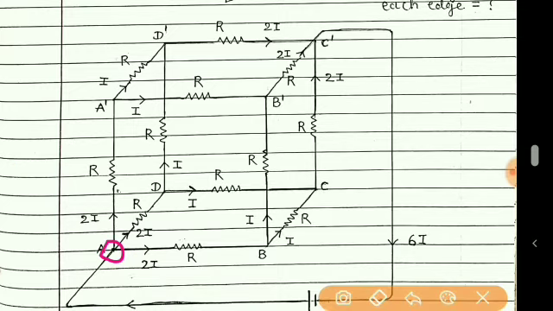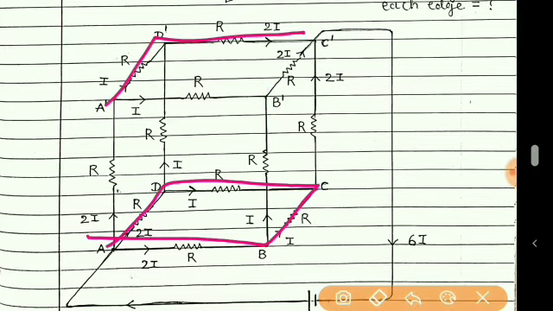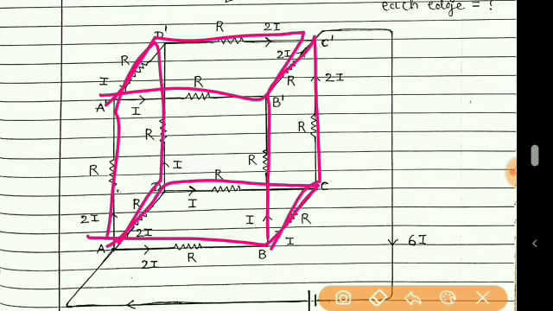See, A is a junction, B, C, D, all these points are junction points, because at each and every point you can see there are 3 or more than 3 wires. Also you can see many loops. You can see this is one loop, this is second, then 4, 5, and so on. There are many loops in this network.